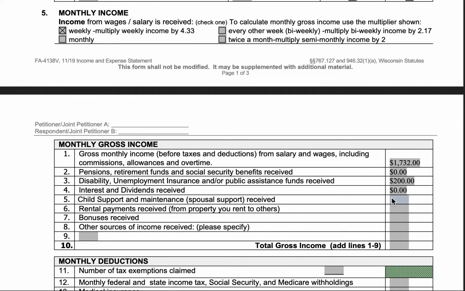One question we get from folks sometimes is, well, what if I'm not actually receiving it, right? So the other person is supposed to pay and arrears accrue because they don't pay. Should I list it here or not? There are a couple of different schools of thought on this. Certainly some people read this word received and they say, well, you're not receiving it, so go ahead and put 0. Other people say, well, you are getting a debt that you could collect, so you should actually list the number here.